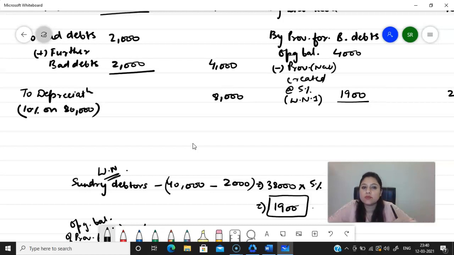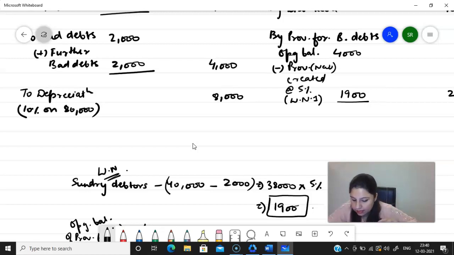Depending upon in which month the machinery was procured by the business, accordingly the depreciation amount would be calculated. Here we have calculated direct annual depreciation, so 10% on 80,000 will be 8,000.